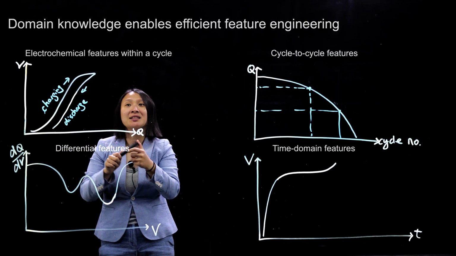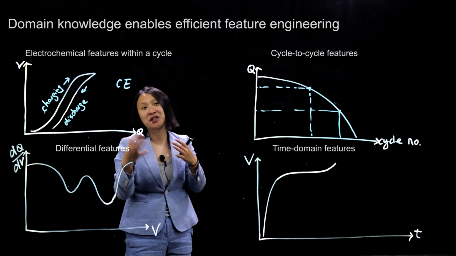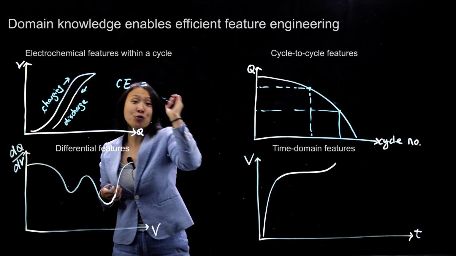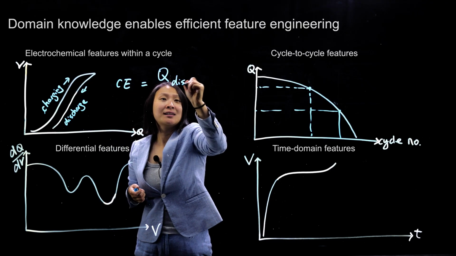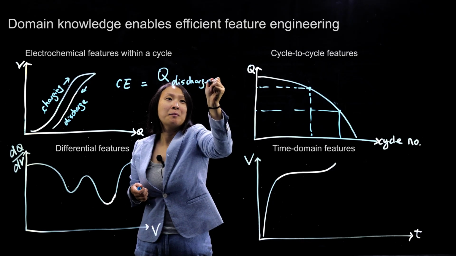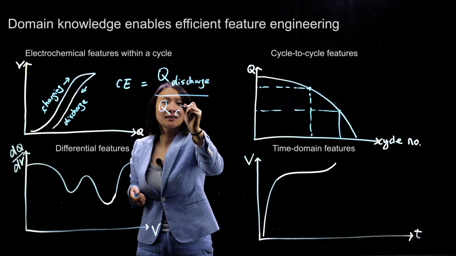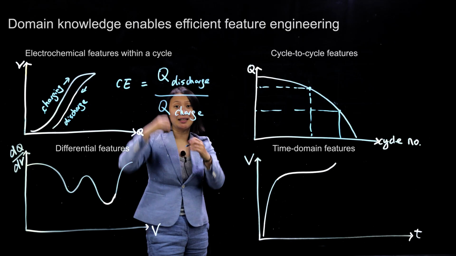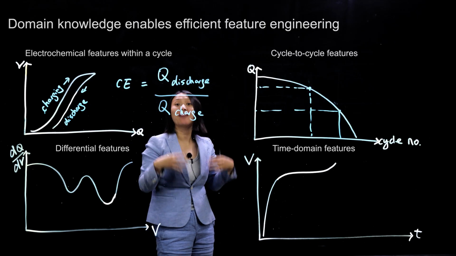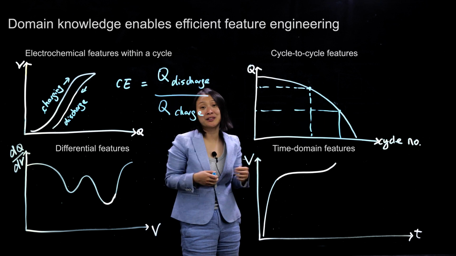From this information, we can calculate our Coulombic efficiency, or in short CE, which is the ratio between the charge during the discharge period over the charge during the charging period. This capacity ratio would help us have an idea of how the charges are transferred throughout the full cycle of a battery test.